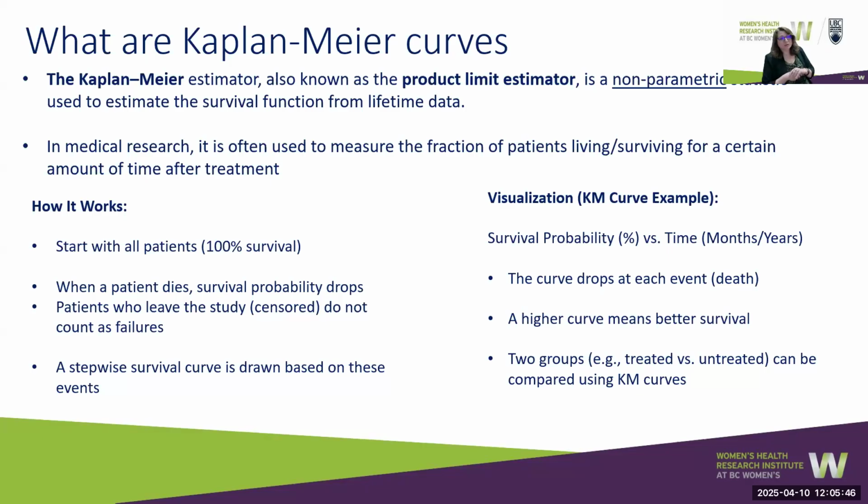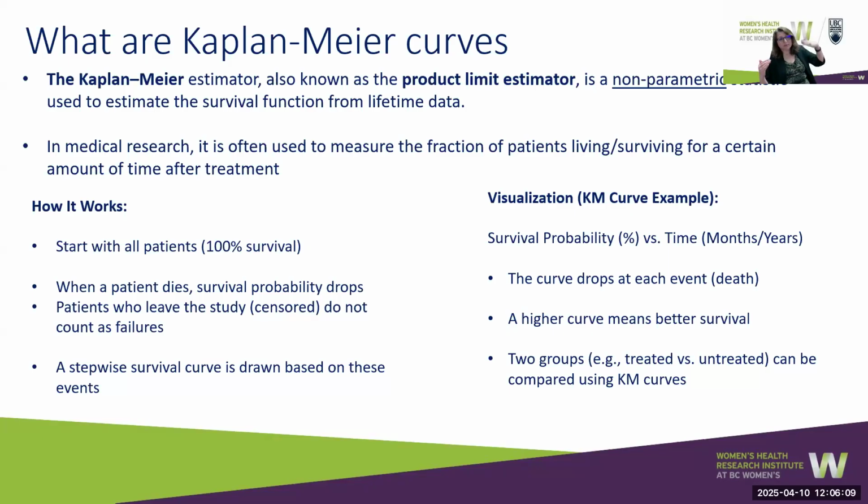So the Kaplan-Meier is a stepwise survival curve drawn based on the events. As for visualization, we usually have time on the x-axis and survival probability on the y-axis, and the curve drops at each event.